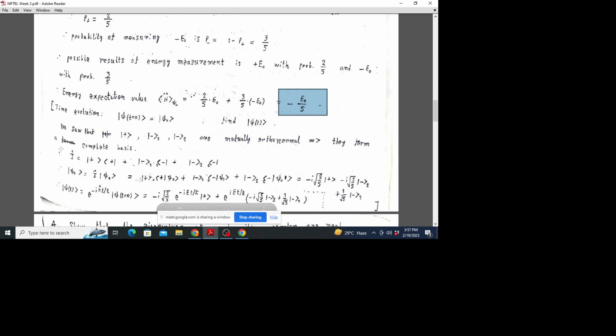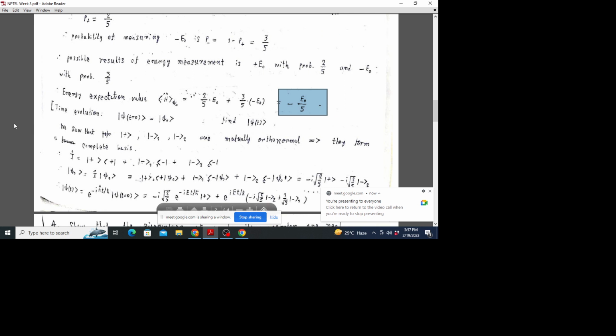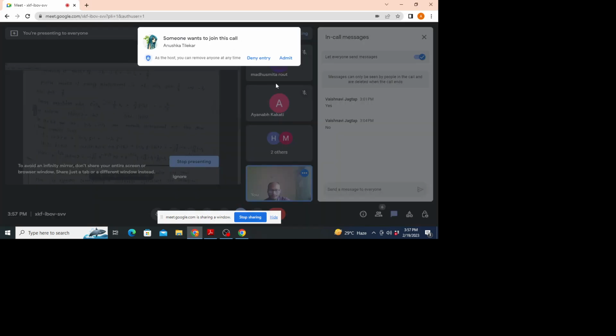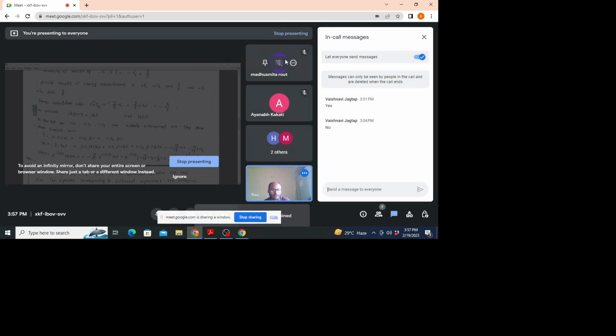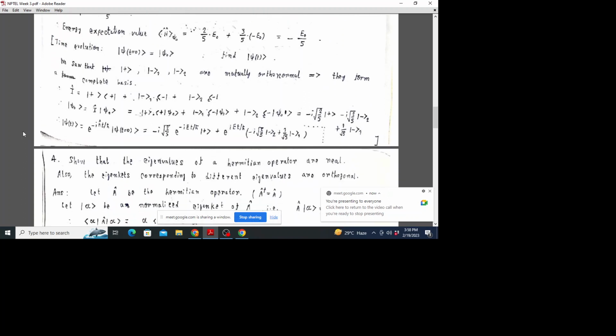Another thing I just wanted to show you quickly is how to find the time evolution. I do not think the time evolution has been covered in the lectures, but it is pretty easy. It is not very difficult.